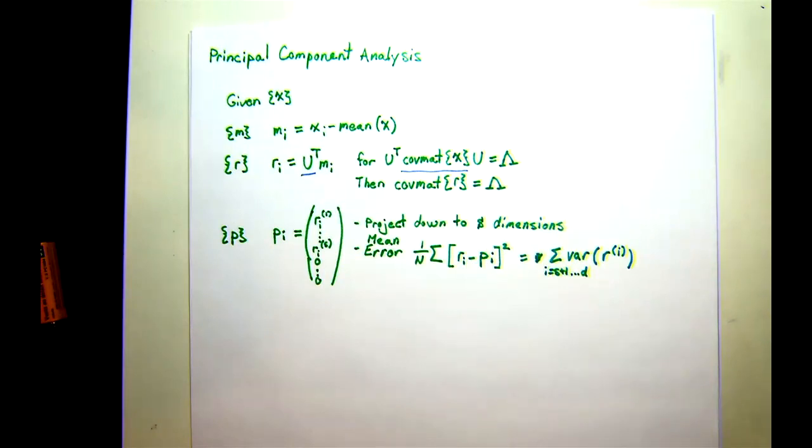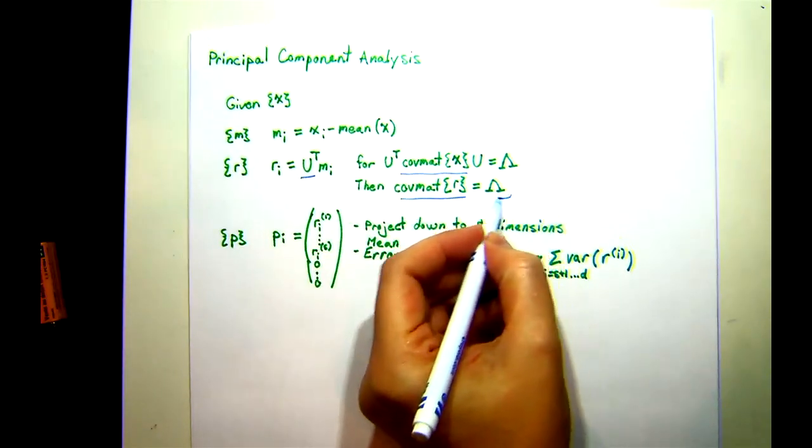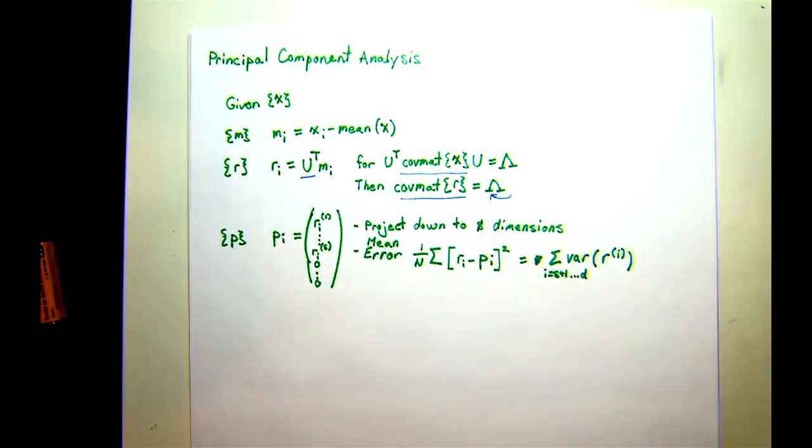So you end up with a new covariance matrix R that is equal to all of the eigenvectors, and these are the eigenvalues, which are going to be the variances of the individual components with a 0 covariance among everything. Okay, so now we're in the new space.